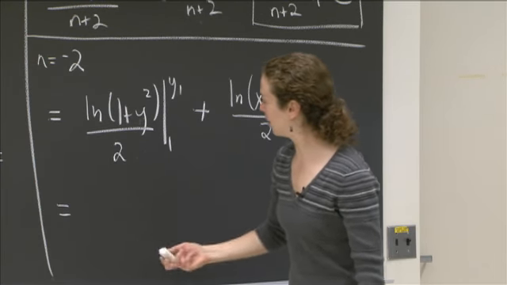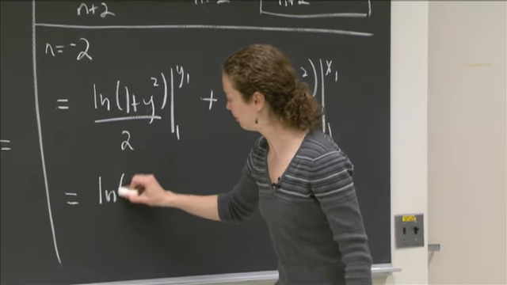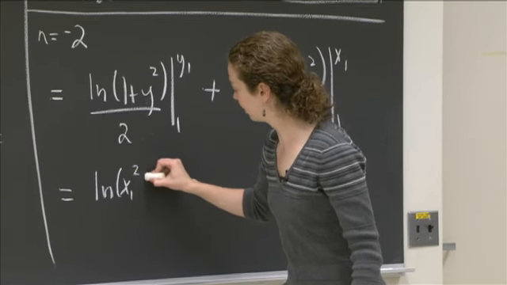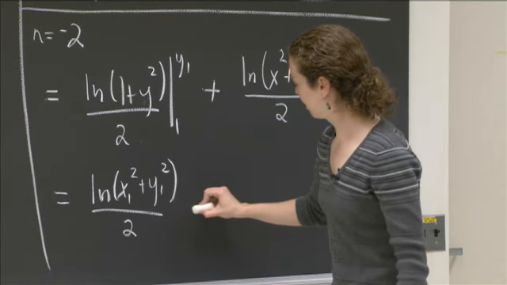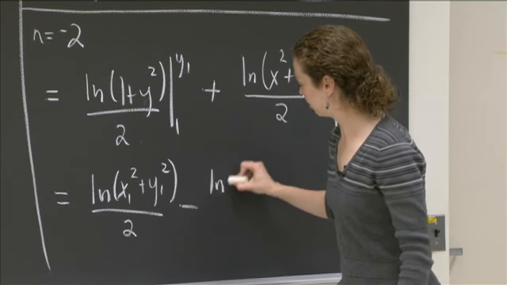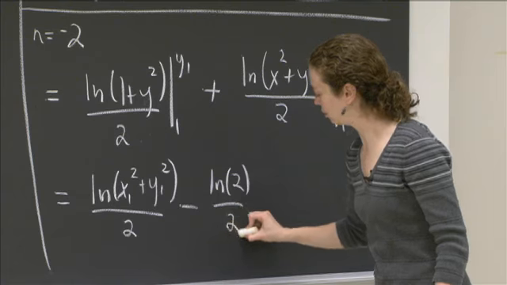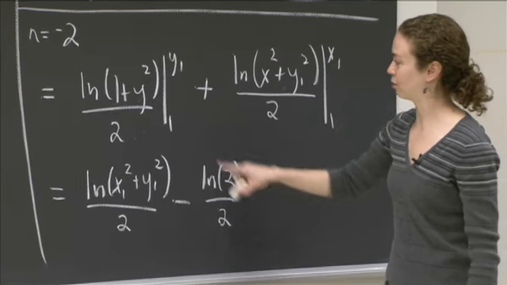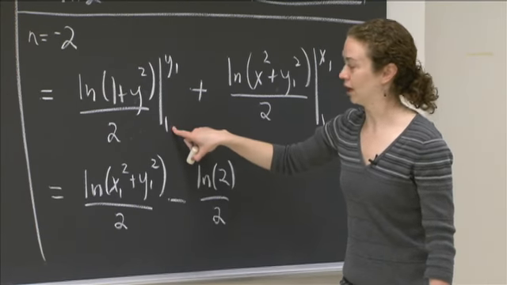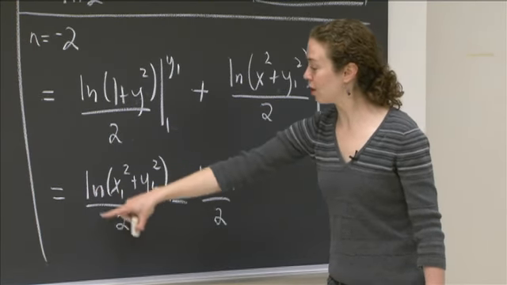And then in the end, I wind up getting just the following two terms. I get natural log of (x1^2 + y1^2) over 2 minus natural log of 2 over 2. This term comes from evaluating this at x1, and this term comes from evaluating this one at y equal to 1. And if you notice, what is this?